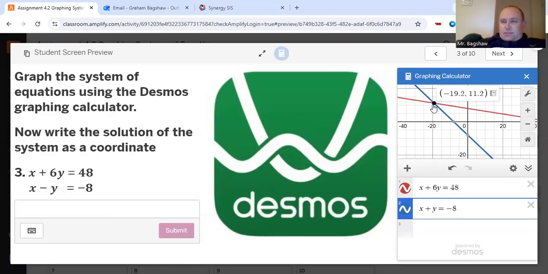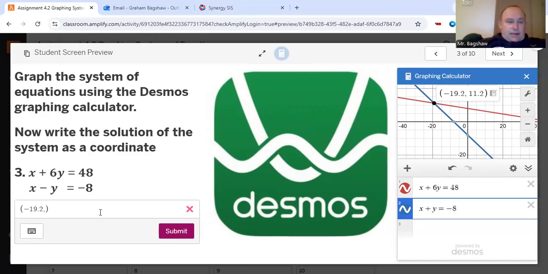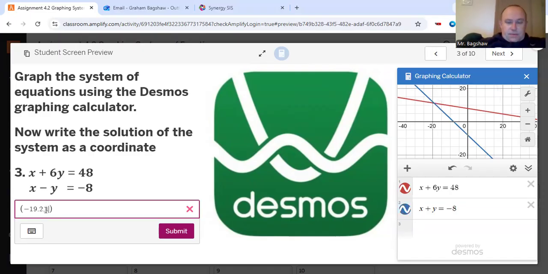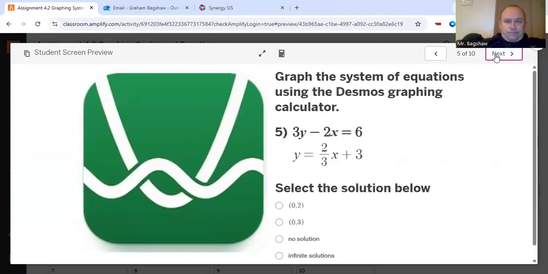There we go. So on my question, it crosses at -19.2, comma, and I forgot the other number already, 11.2. Oops. But once again, I typed in the wrong equation, so got the wrong answer. And you can do that for numbers 3 and also for numbers 4.